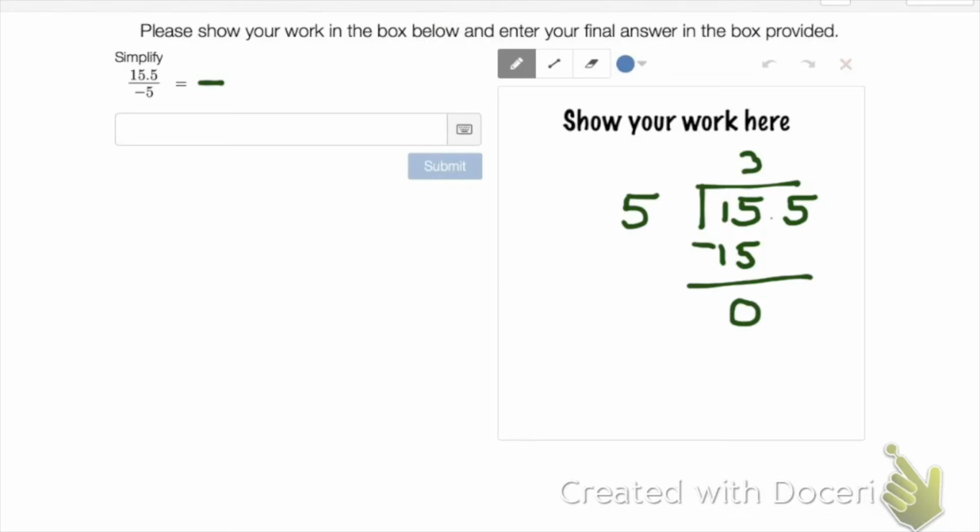Between 5 and 5 we see the decimal, so we have to bring up the decimal. Now we can drop down the 5. 5 goes into 5 1 time. So 15 and 5/10 divided by negative 5, the answer will be negative 3 and 1/10.